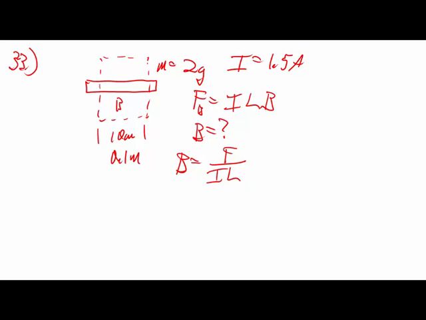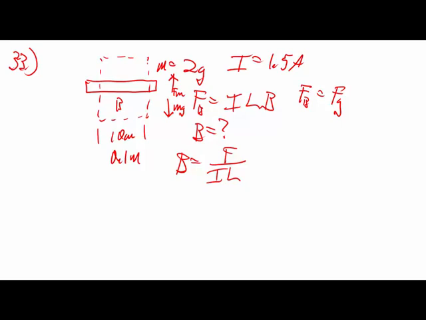The magnetic force is pushing the wire up, and the gravitational force, mg, is pulling down. So they are levitating, which means they are equal: the magnetic force is equal to the force of gravity.